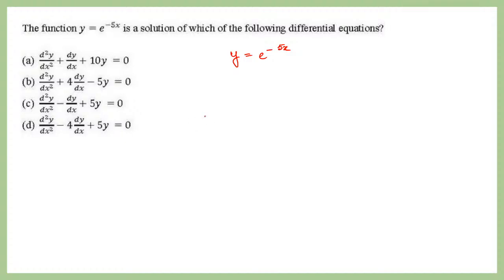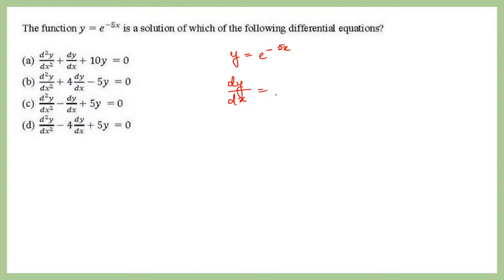Because in the options the coefficients of d2y dx2, dy dx and y are different, but in each option the required things are dy dx and d2y dx2. So let's find dy dx.